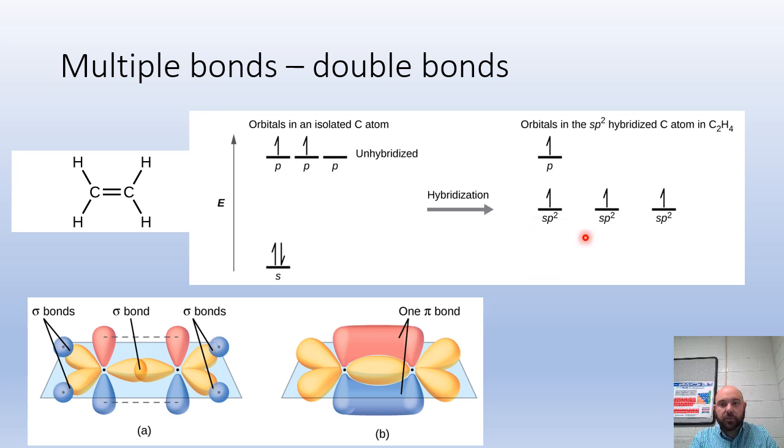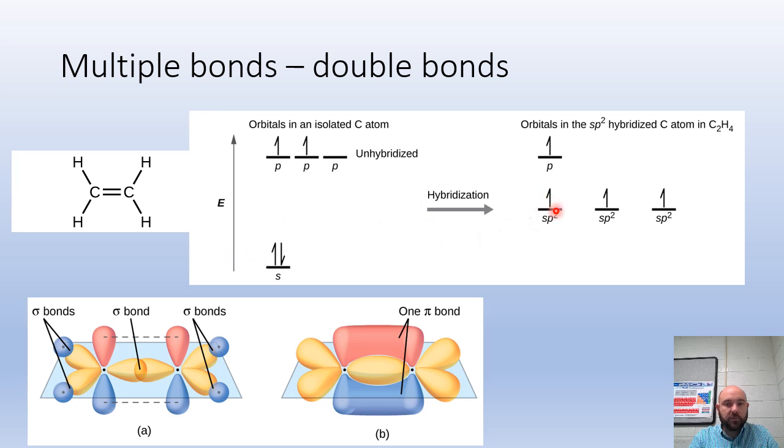This leaves us with 3 sp2 orbitals and 1 half-full regular p orbital that was left unhybridized. That unhybridized orbital sticks up and down from the nucleus, while the 3 sp2 orbitals orient themselves as trigonal planar orbitals around the nucleus.